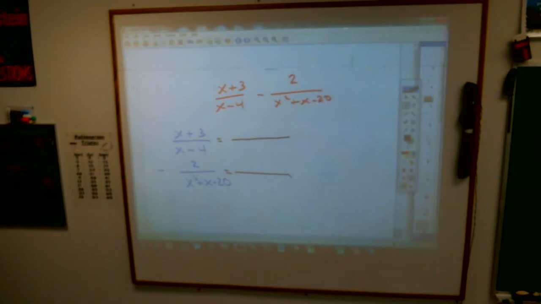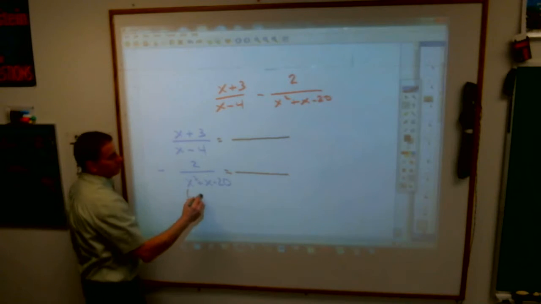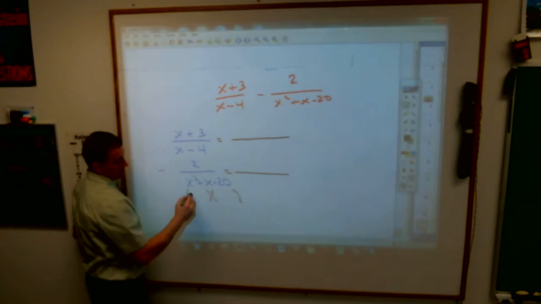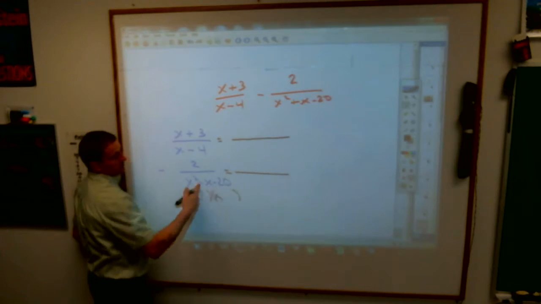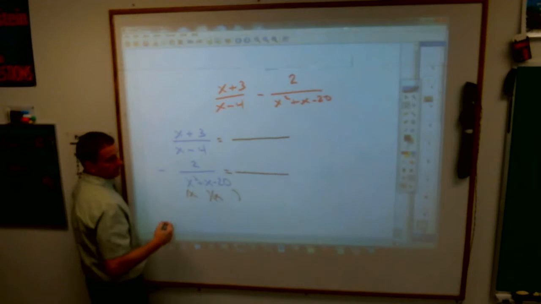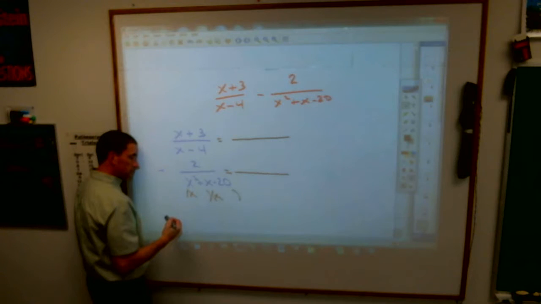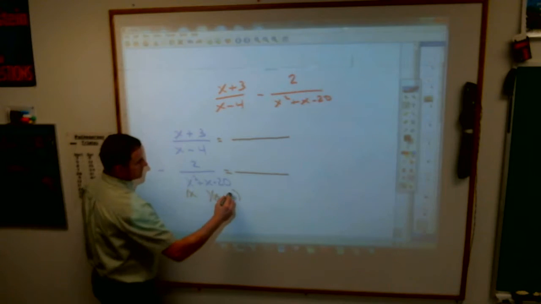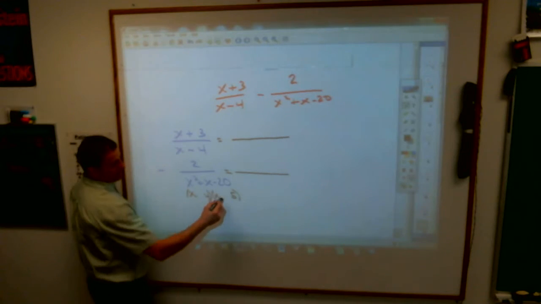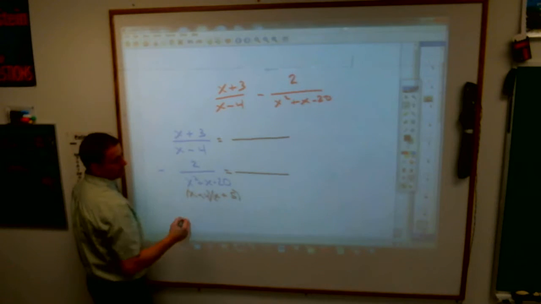Anytime you see a trinomial, something in your mind should click that says, can I factor that? Because, if I can, what times what gives me this? What times what gives me minus 20 and plus 1? I need to make this a plus 5 and that a minus 4.